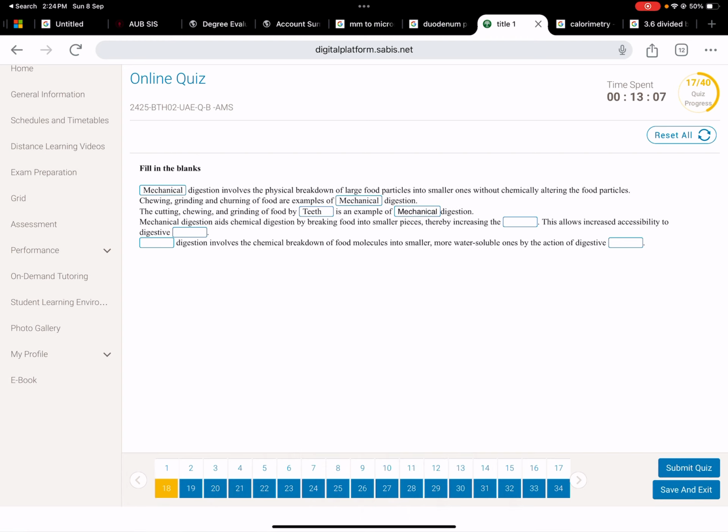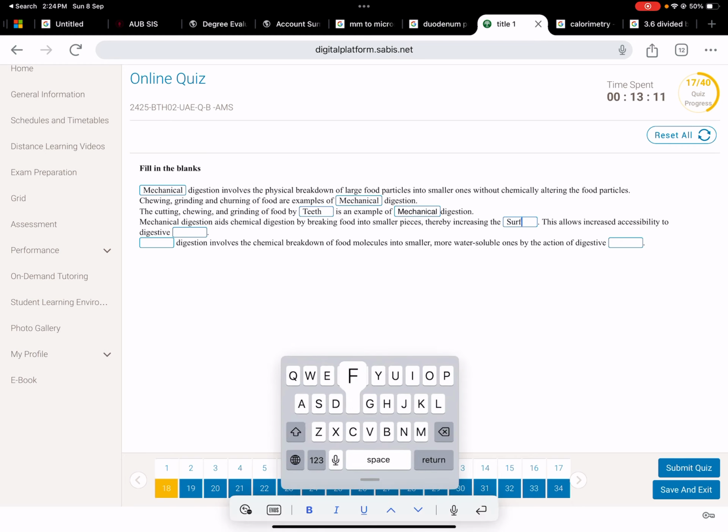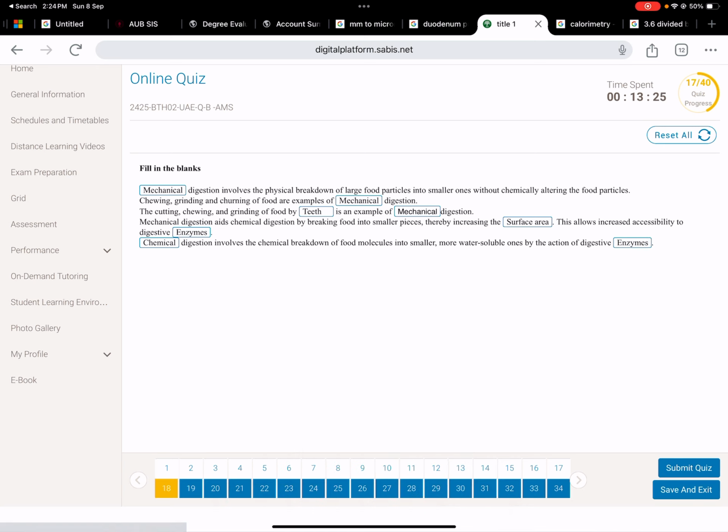Mechanical digestion aids chemical digestion. Remember, we said how it increases the surface area. This allows increased accessibility to digestive enzymes. And finally, what involves the chemical breakdown? Of course, it's going to be chemical digestion by the action of digestive enzymes.